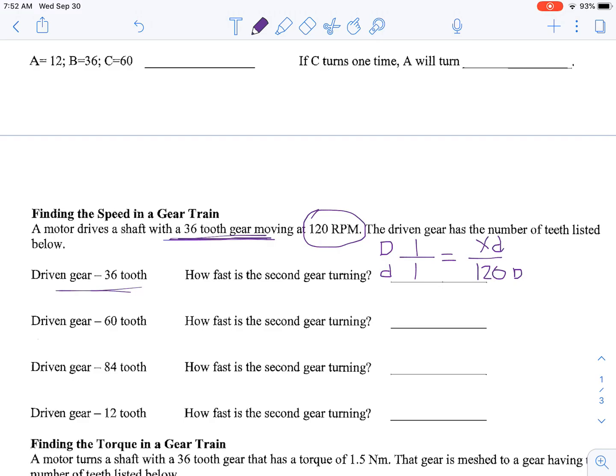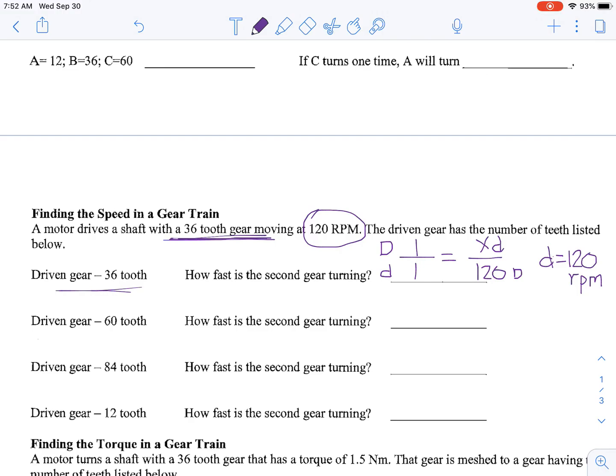We're going to cross multiply and divide, and find out that the driven gear will also turn at 120 RPMs. Everybody knows what RPM means, right? Revolutions per minute.